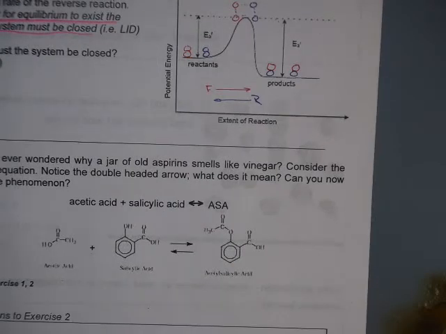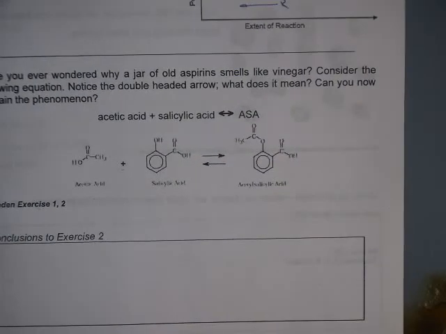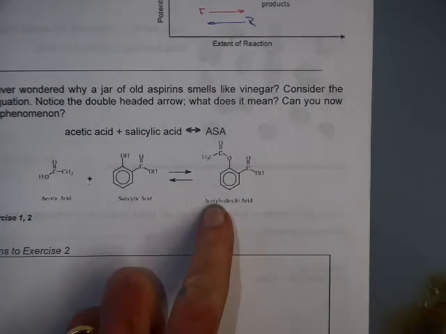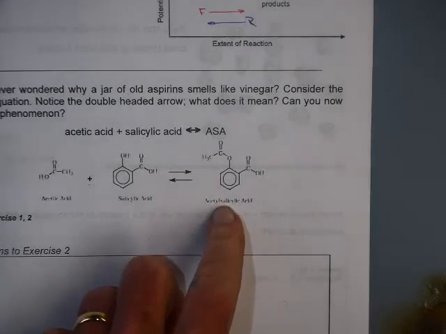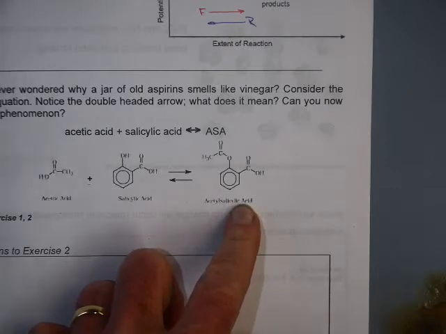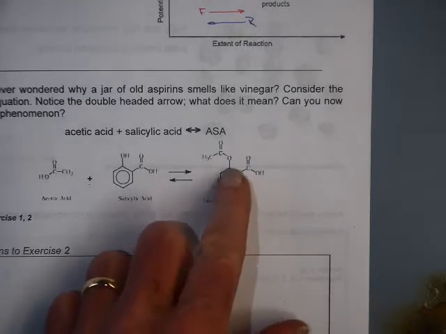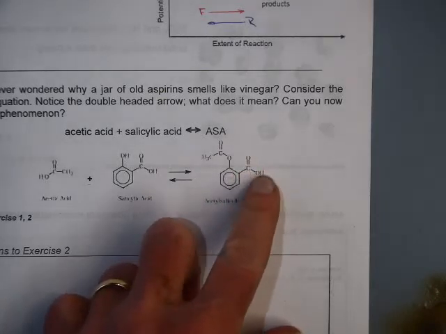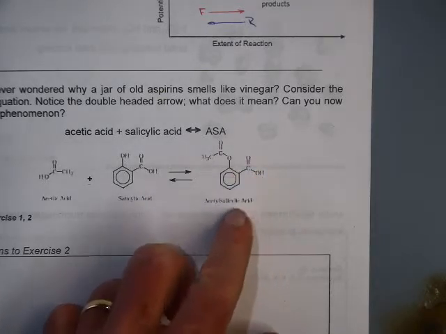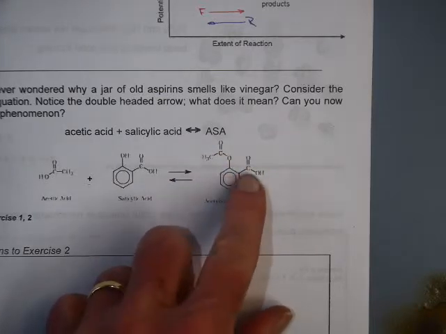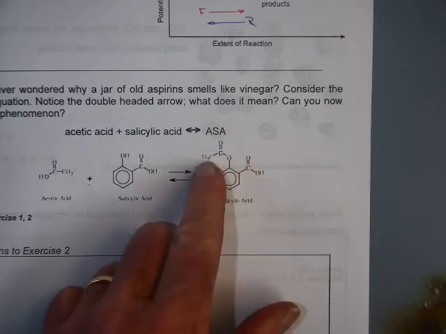Because this is what, going back to organic chemistry, you see here, this is acetyl salicylic acid, which is ASA or aspirin. So you can see that you have a benzene ring here. We have a carboxyl group on here, or the acid group on here. And we have this acetyl group on here. So the difference between the acid and the acetyl is that you have a methyl group instead of an OH here.